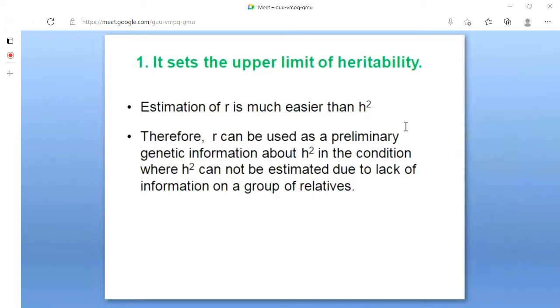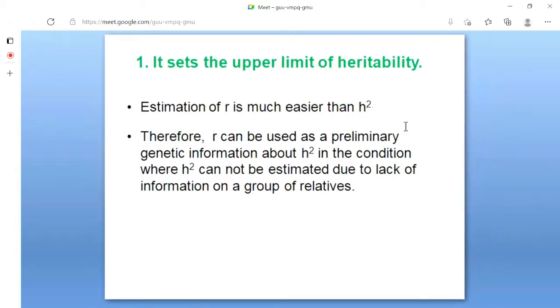The estimation of R is much easier than heritability, since heritability requires different generations: the parent generation, then the offspring generations. Whereas in repeatability, you have to see the same generation.